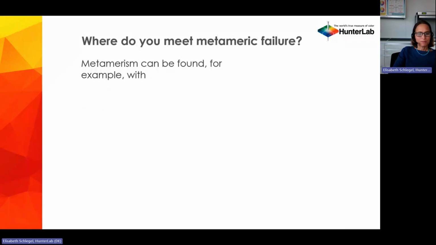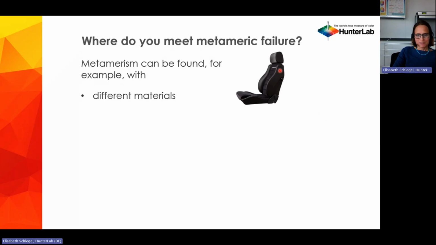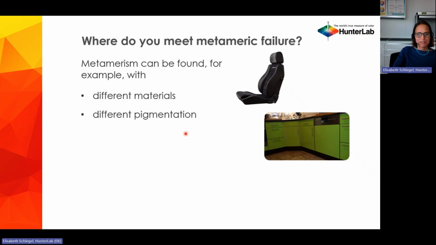So for example, this kind of metamerism, this effect, can be found with different materials. For example, the backrest of a seat in a car normally is made of a different textile than the seat itself. So you really need to be careful that, so perhaps it's the right matching color at artificial light, but you really have to check it on daylight also, because otherwise there might be a bad surprise. Then as well, you find it, for example, in pigmentation.